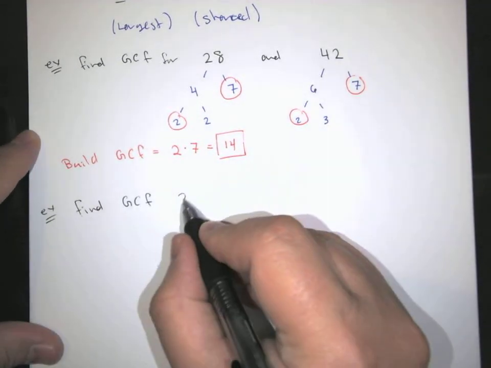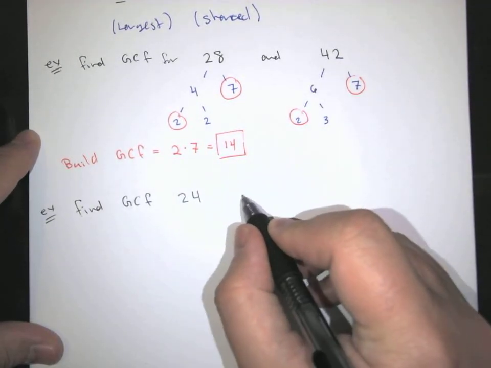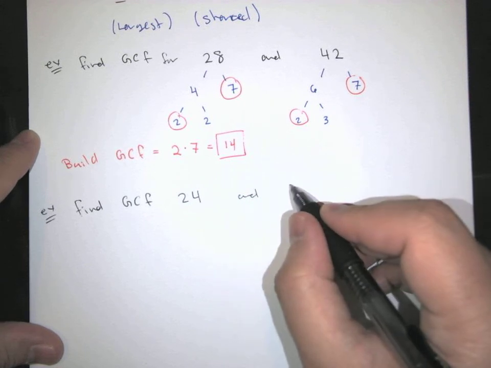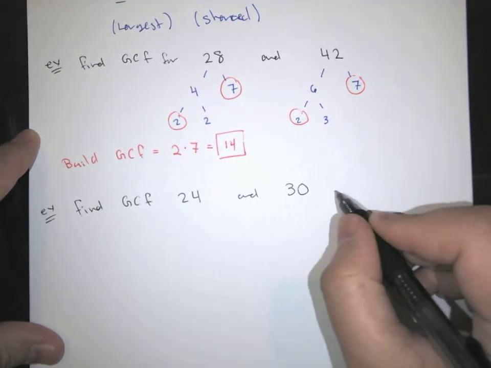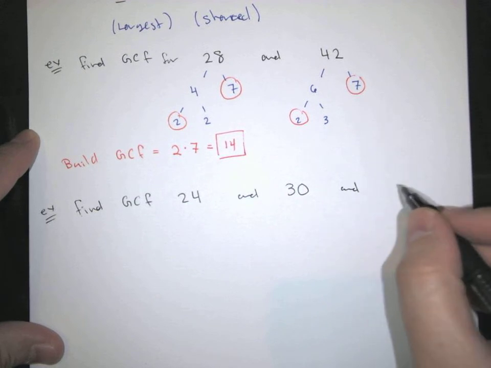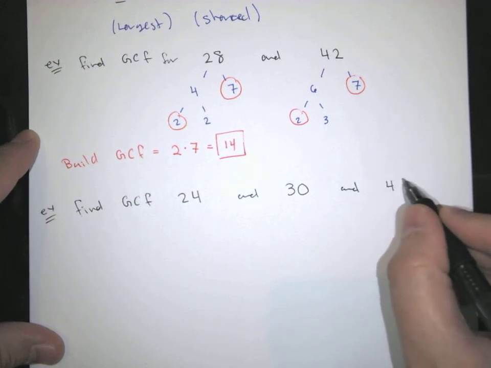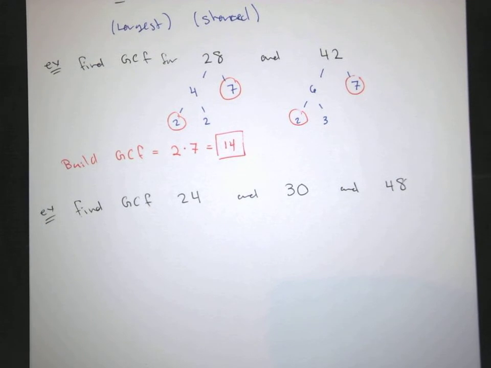Let's say we had something like find the GCF between 24 and 30, and let's go up to something like 48, maybe. 24, 30, and 48.